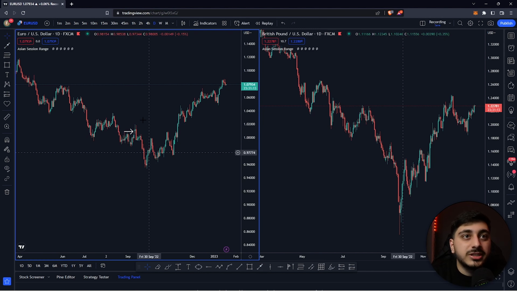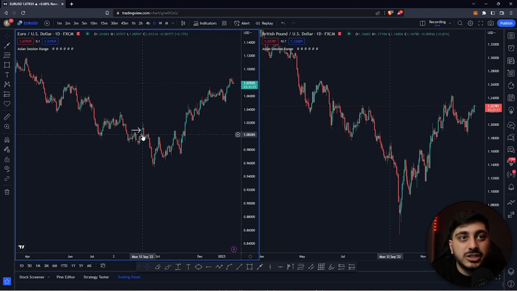And so Euro USD at this point is telling us we could potentially have a breaker structure and move up for buys. But on GBP USD we can see there's no breaker structure at this point, and because there's no breaker structure, we understand that sells are still intact, because usually we'll need both pairs to give us an indication that we're going to move either up or down, and in this case we only get an indication from Euro USD.